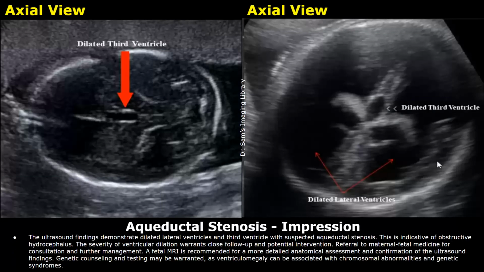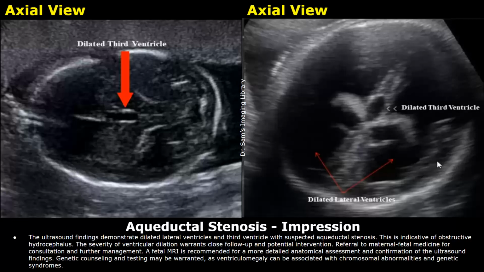This is the impression. The ultrasound findings demonstrate dilated lateral ventricles and third ventricle with suspected aqueductal stenosis. This is indicative of obstructive hydrocephalus. The severity of ventricular dilation warrants close follow-up and potential intervention.